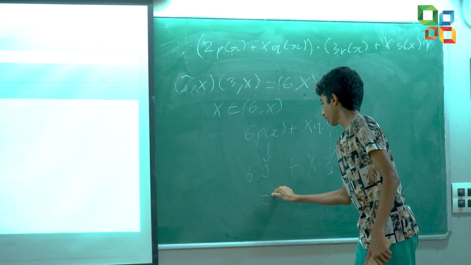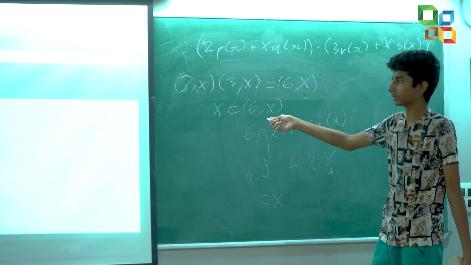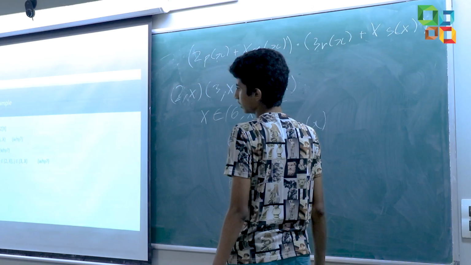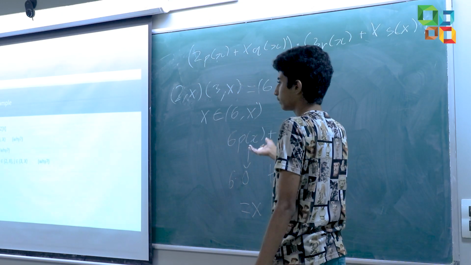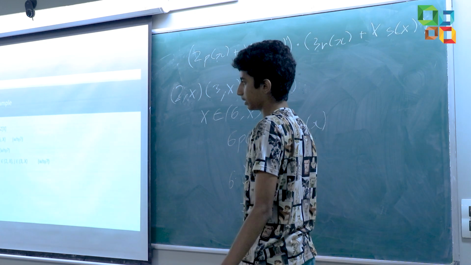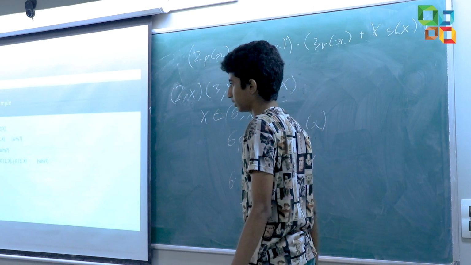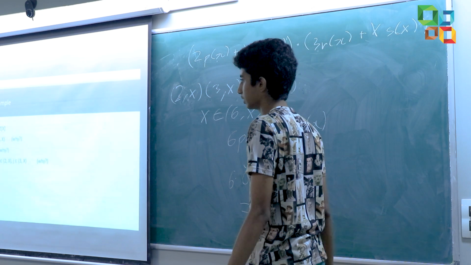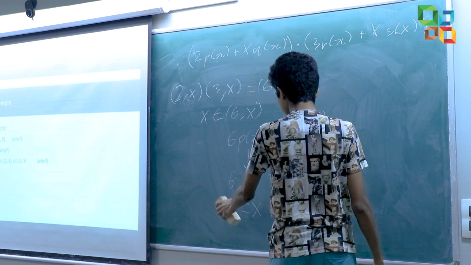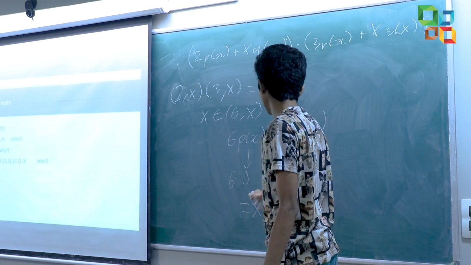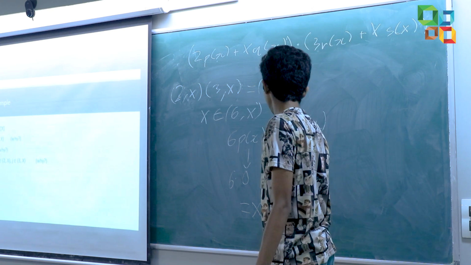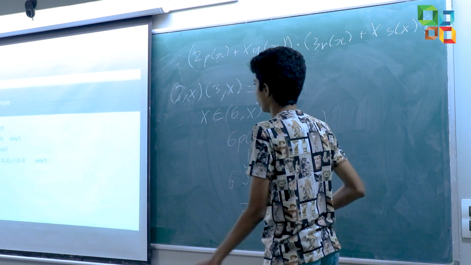So 6 times 0 plus x times 1 is equal to x. This belongs to 6 comma x.